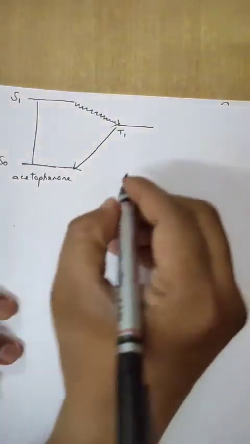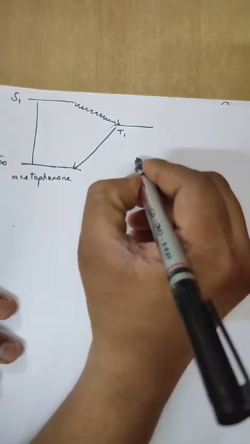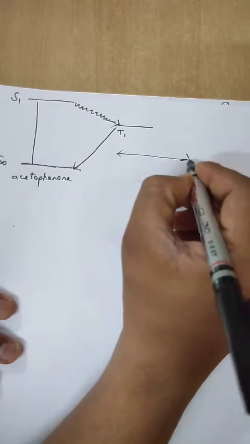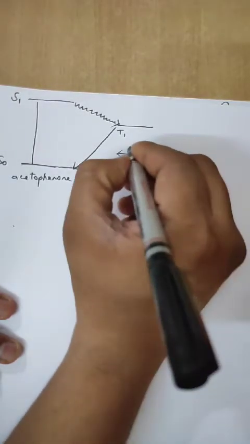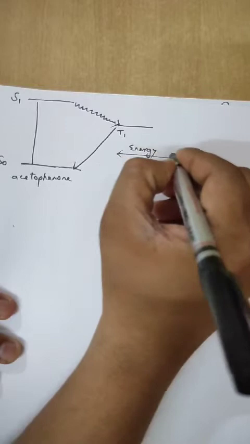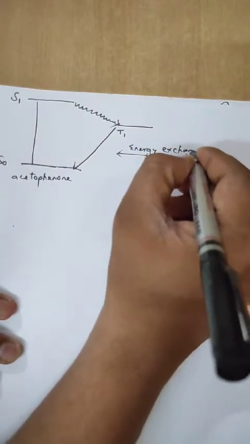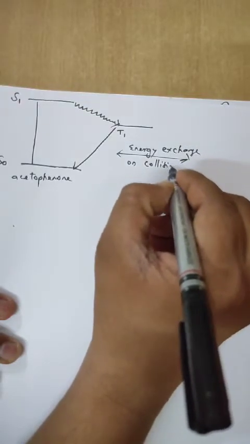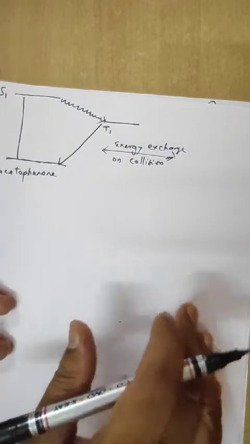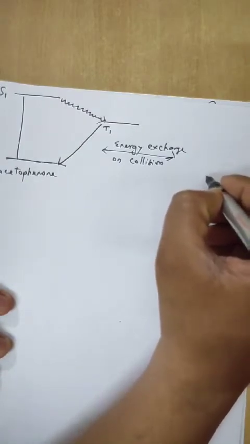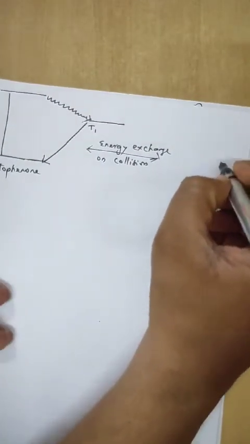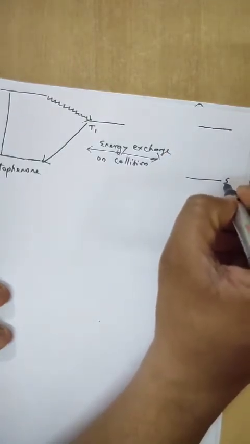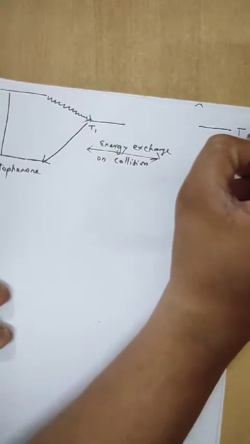Now, energy exchange on collision. So it becomes S0, this T1.